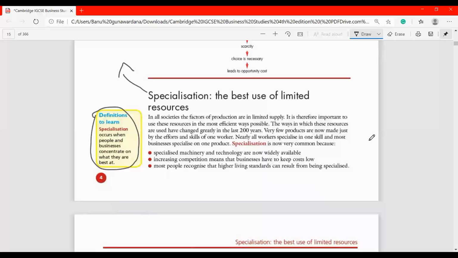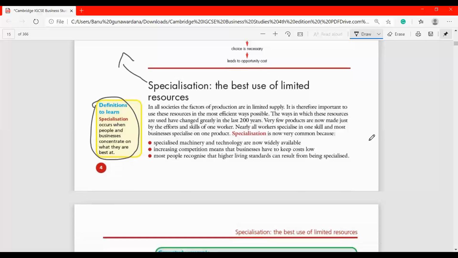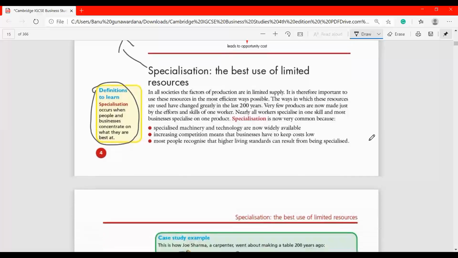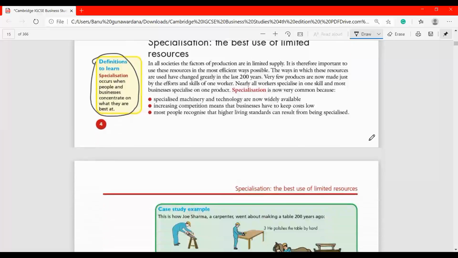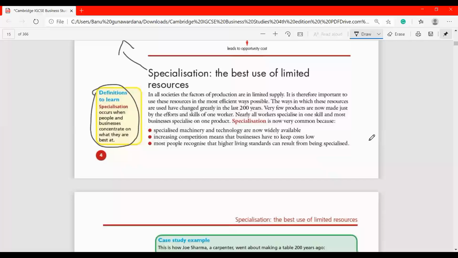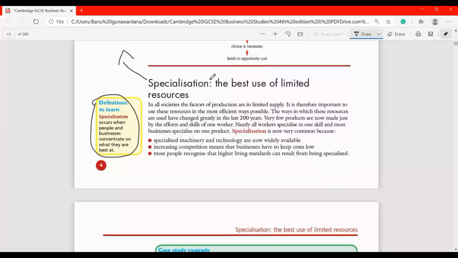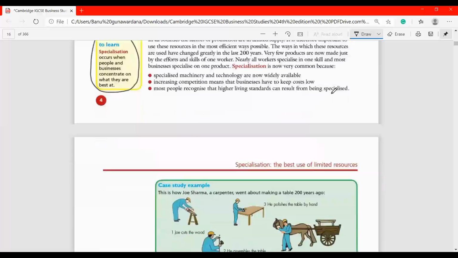Then he or she will decide to produce dairy items instead of bakery items. So specialization is very common, because people will come to a conclusion about what to produce. They are going to produce what they are best at, which will lead them to efficiency in using these resources.